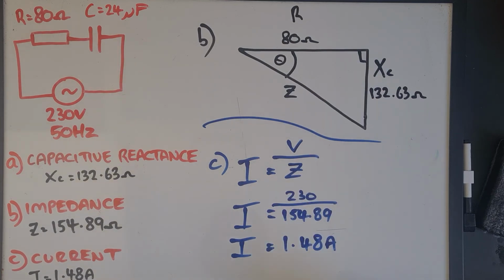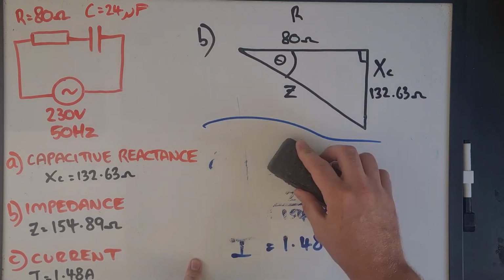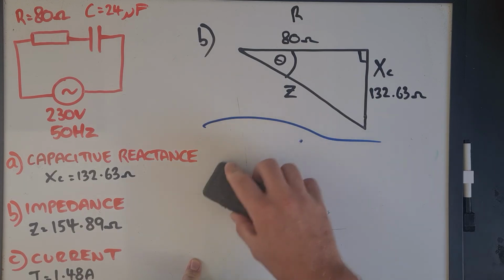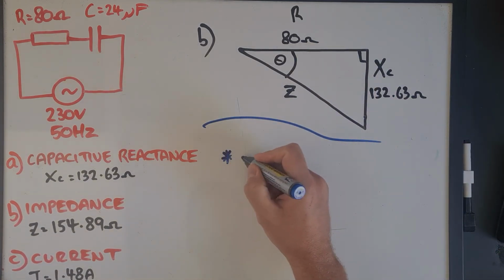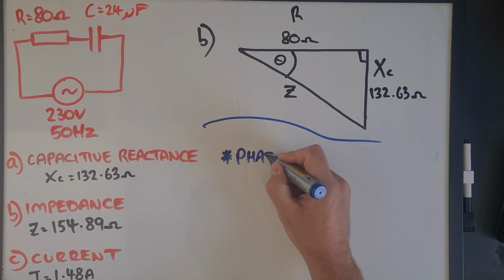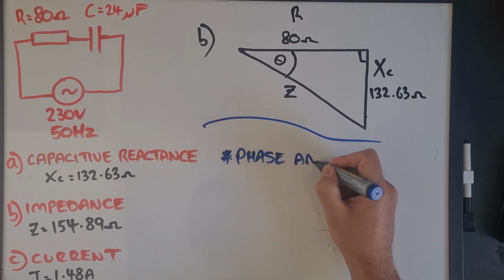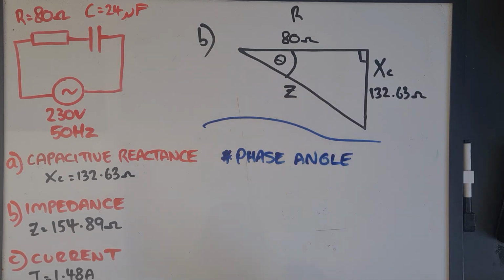So let's work out what that angle could be. We'll just label this phase angle. You can see, because we've got the triangle there already, it's just a matter of us solving that angle in there.